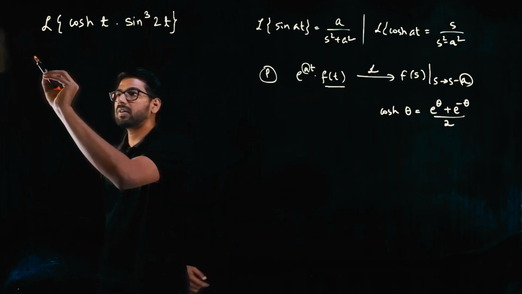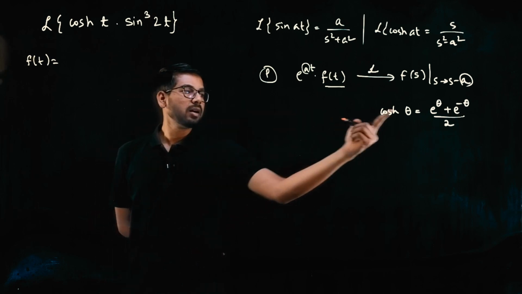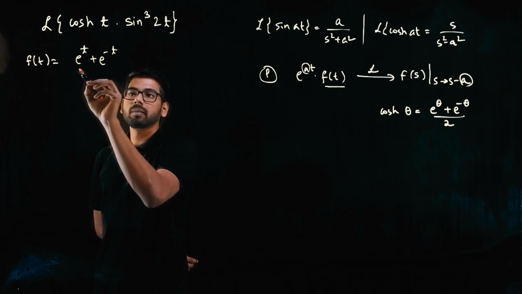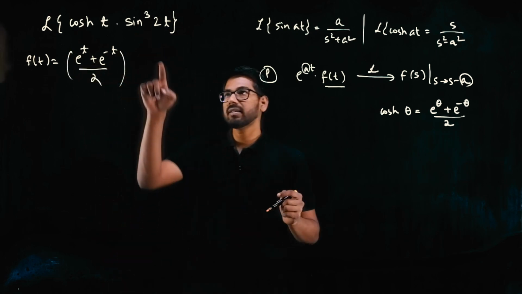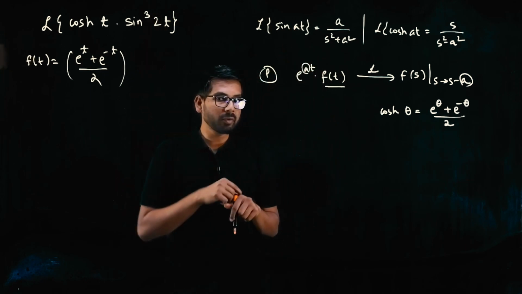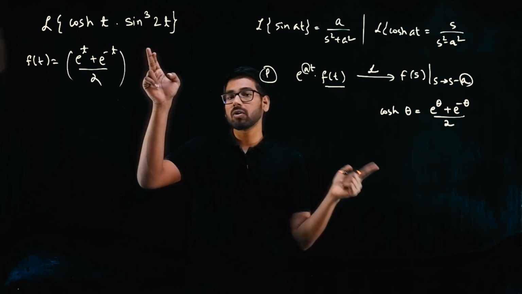So if we use that, f of t will be cos hyperbolic t, in place of theta I have t here, so it will be e power t plus e power minus t by 2 into sine cube 2t. What I said was about powers, we have to have power 1 only. So how can you reduce power 3 to power 1? If it is square, we use the formula sine square theta is 1 minus cos 2 theta by 2.